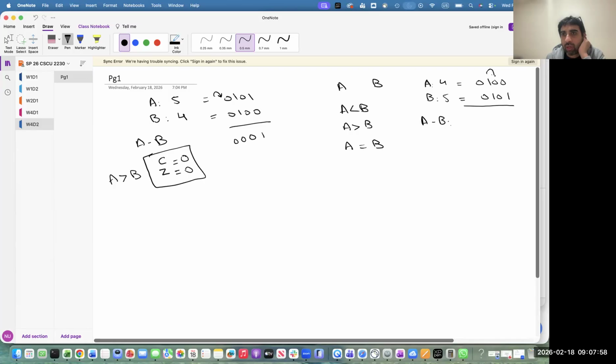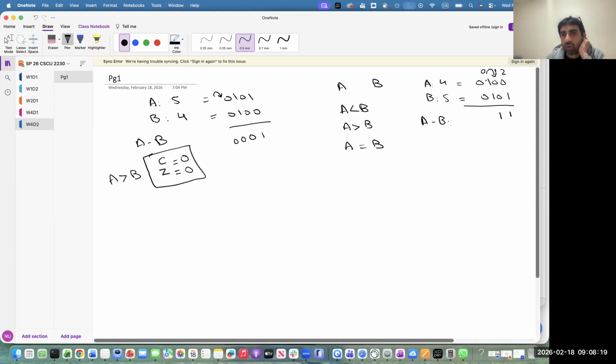So I take a borrow here. When I borrow, here I will be left with 0, and I will borrow 2 to the next position. So here I will have 2, and in this position I will be left with 1. So 2 minus 1 is 1. 1 minus 0 is 1.